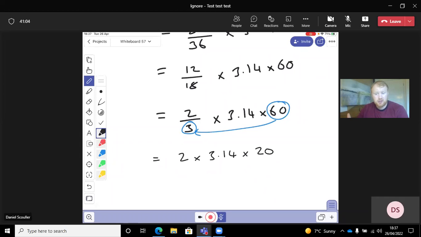So I've done 60 divided by 3. Then I can do that 20 and I can multiply it by that 2 too. So I can do multiplication in any order I want. So that just becomes 40 multiplied by 3.14.